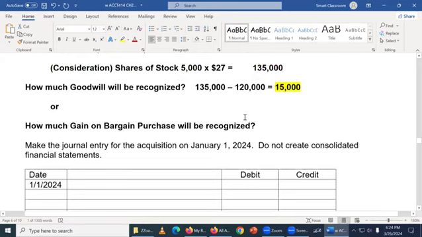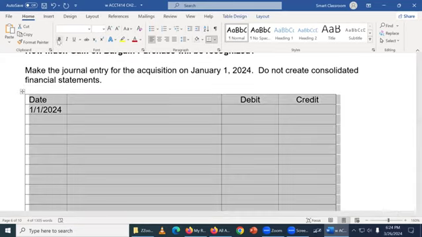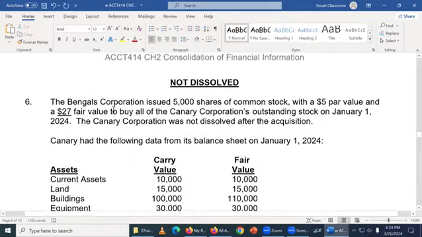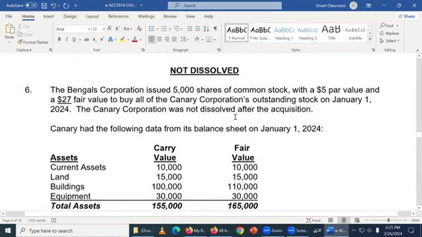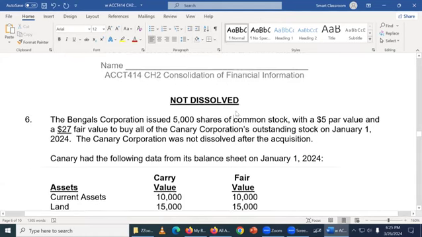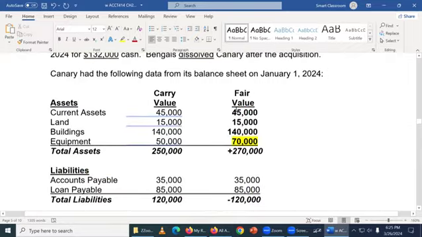Now, here's the wacky thing when we get to the journal entry for this one. This is when it's not dissolved. We're going to keep this as a separate company. This is an investment. So notice up here, we dissolved the company.